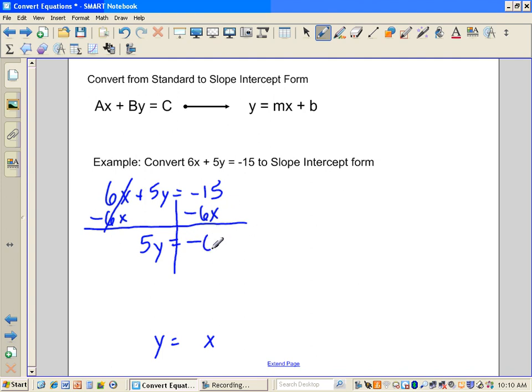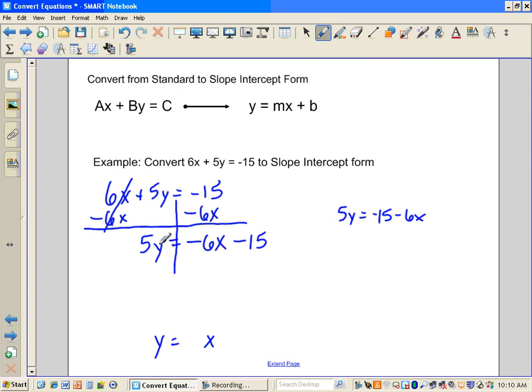I like to list the term with the x first because that's how we're used to seeing it. But if you list the 15 first, that's fine as well. The other option would be to say 5y is equal to negative 15 minus 6x. If you write it that way, that's fine.